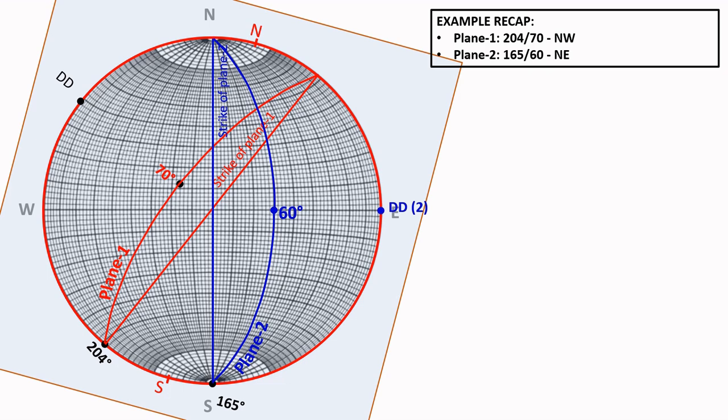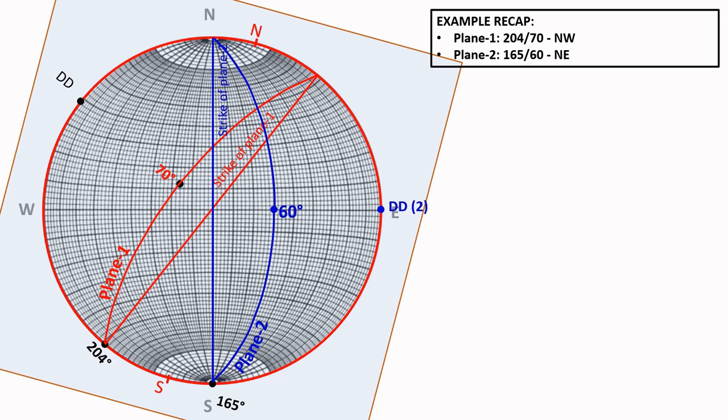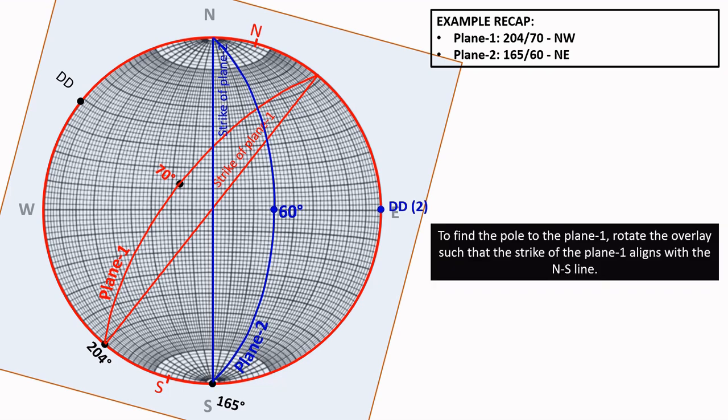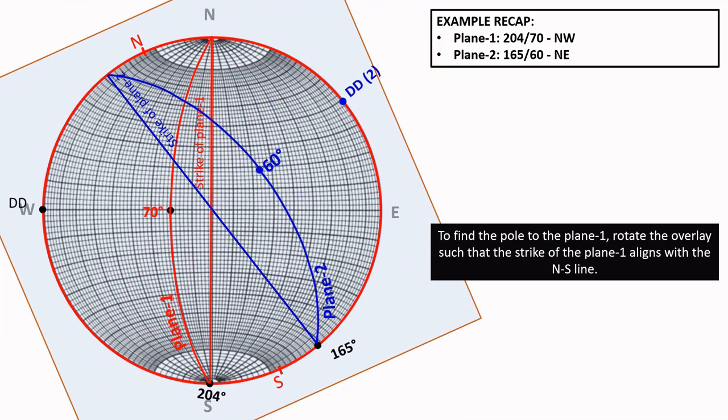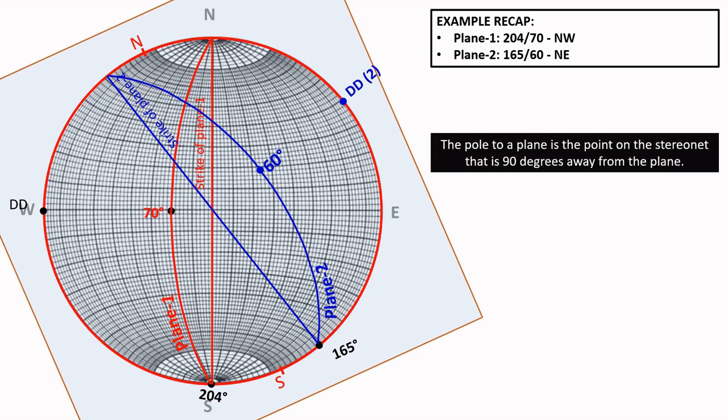Next, find the poles to the planes. To find the pole to the plane 1, rotate the overlay such that the strike of the plane 1 aligns with the NS line. The pole to a plane is the point on the stereo net that is 90 degrees away from the plane.